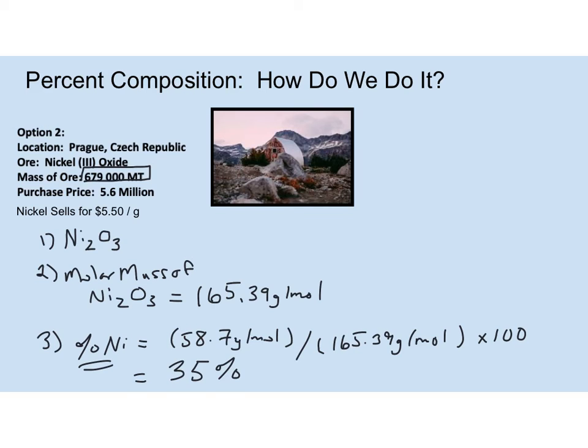Okay. So the next thing I need to do now is, and this one's a tricky one, I apologize. I will make sure that there's no conversions. So we're going to have to convert this 679,000 metric tons into grams, because that's what we're selling it for. So I will do that conversion for you, because I'm not going to ask you to do this kind of conversion during your learning check.